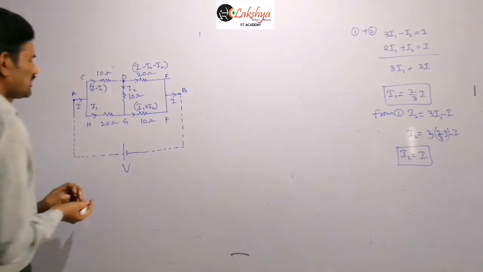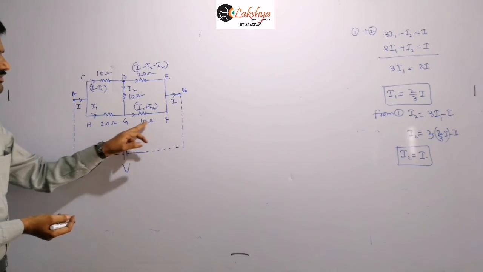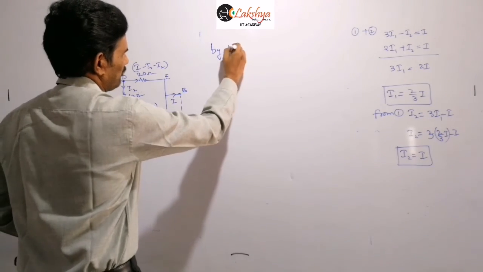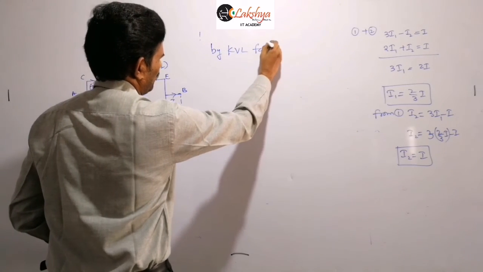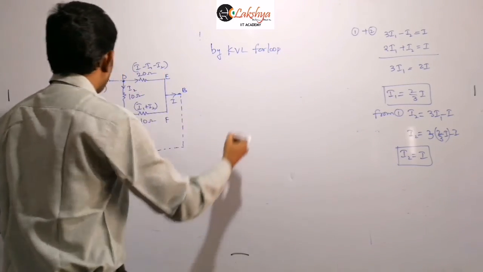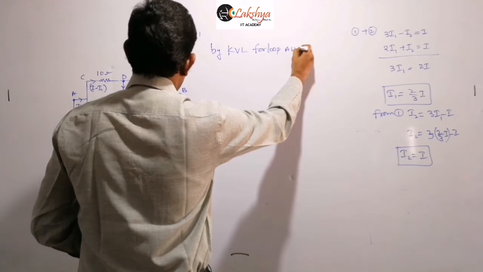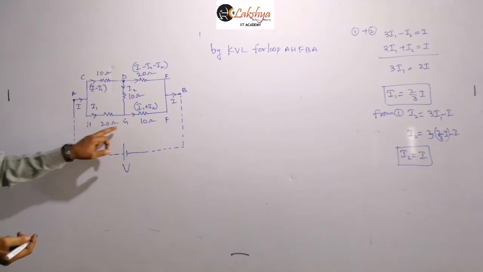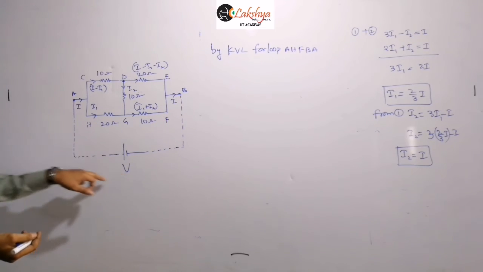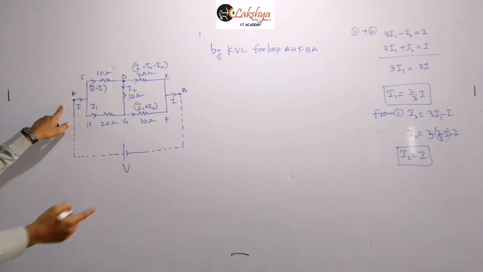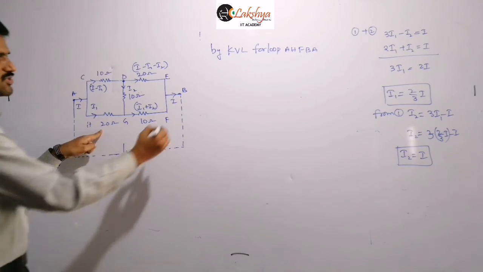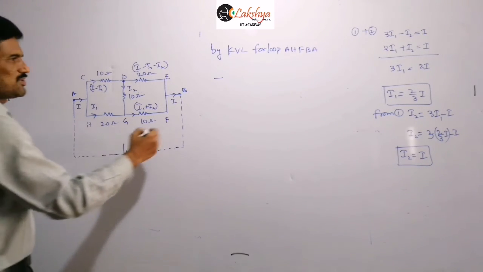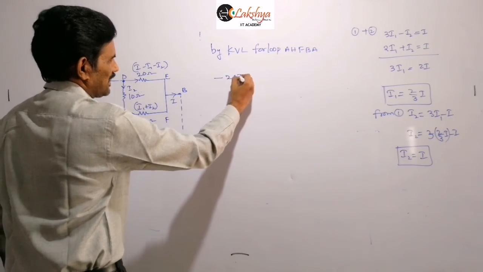So for this I am considering simply this path, including the cell. Finally by KVL for the loop AHFBA, right? For this loop I am following AHFBA, and let us apply the Kirchhoff law along this direction. Here we are traveling in the direction of current, so minus 20 I1.